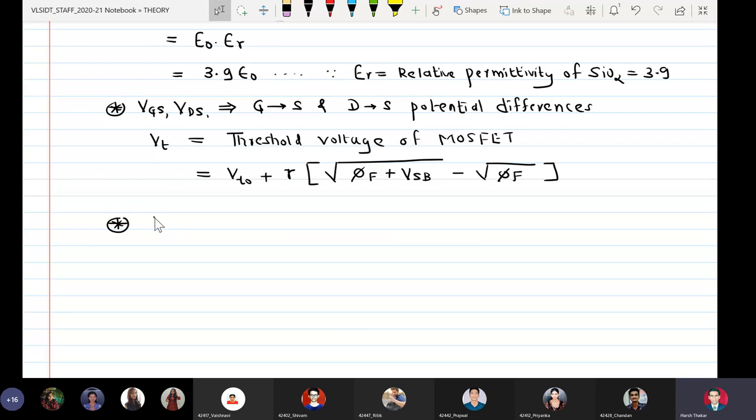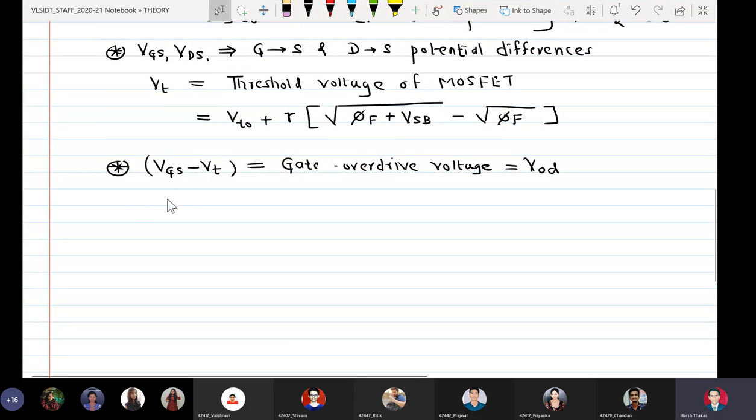and last but not the least, this factor VGS minus VT is also called as gate overdrive voltage, or VOD.